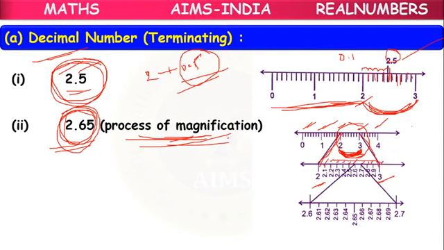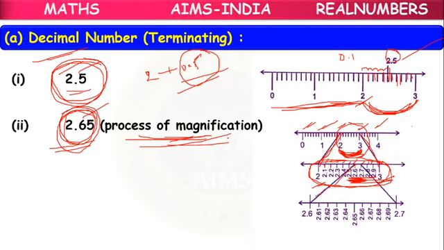Like that, we can locate 10 equal decimal places between 2 and 3. Now, where is 2.65? More than 2.6, less than 2.7. It will be located between these two. Now we need these places.